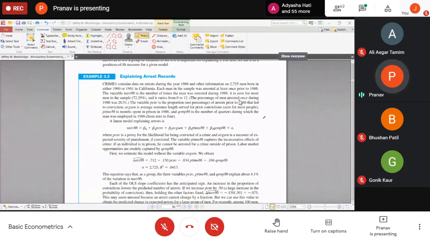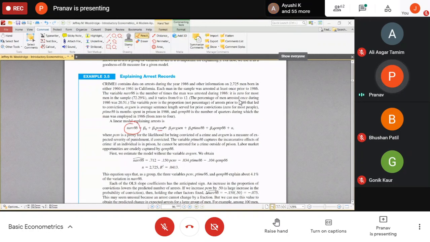There's this linear model which has been run, which tries to have a relationship with the number of times the man was arrested during 1986. So this becomes my explained variable or dependent variable in this case.